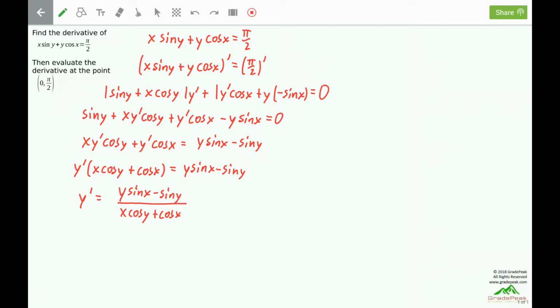We now want to evaluate this at the point (0, pi over 2). This is the x, this is the y.